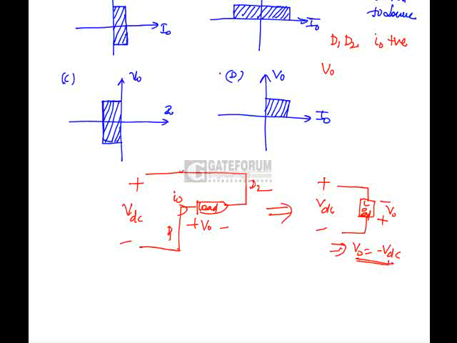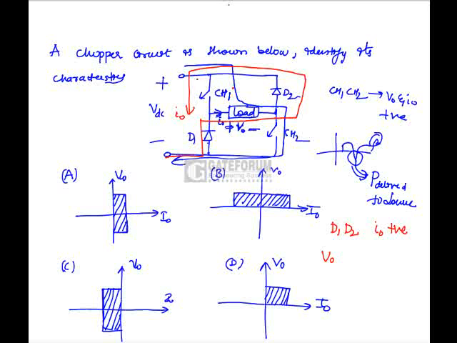So I can say V0 is minus VDC. When chopper 1 and 2 are conducting, the equivalent circuit can be drawn like this. This is plus VDC, and there will be a load. Since this is plus and minus V0, this is VDC. In this case, V0 is equal to plus VDC, and since the direction of current is the same, it is always positive. If you see the options here, I0 is negative in this option, so this is wrong.